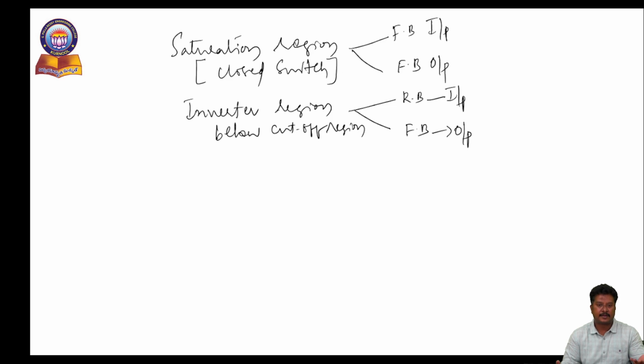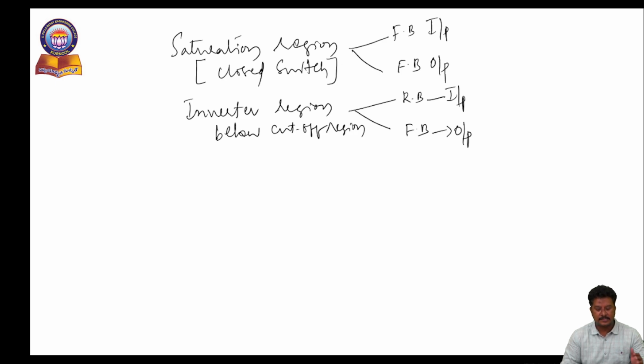Of course, we require some stabilization circuits and compensation circuits in order to continuously operate the transistor in the particular application we are expecting, either an amplifier, closed switch or open switch. But my idea and the discussion for this session is only to concentrate on which region I want to operate if I want to use the transistor as an amplifier.